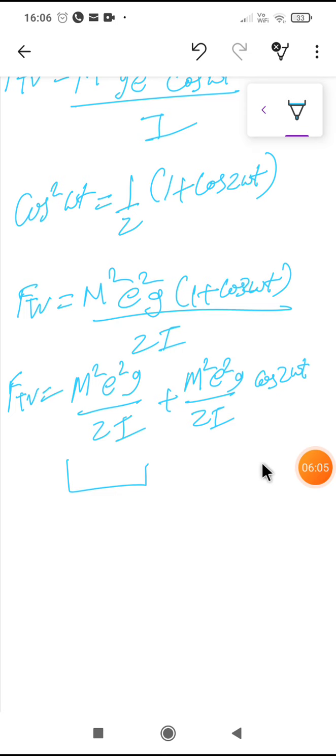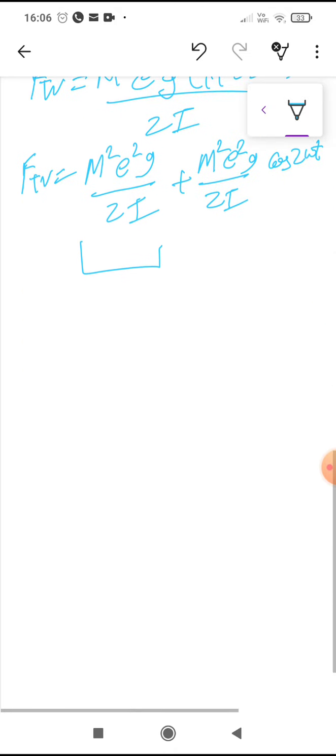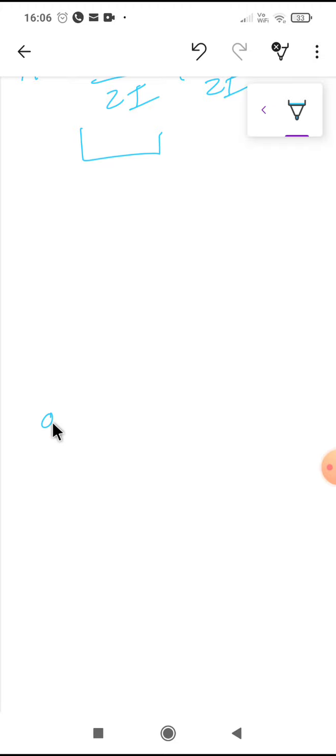So for greater understanding, I will draw a free body diagram for all these forces. Suppose this is O and S, that is the center. Now this is the horizontal line, and this is the center of gravity G at a distance e. This angle is omega t. Now the mass is acting in the downward direction, and let's create a few angles.